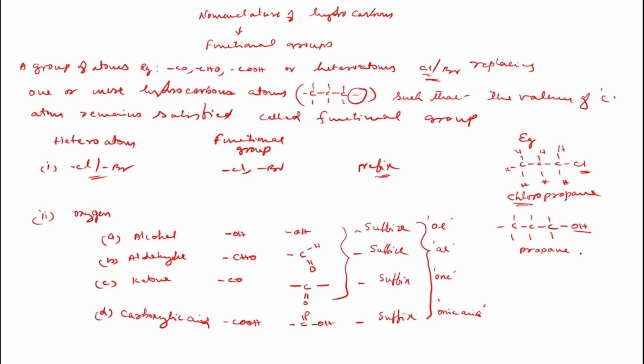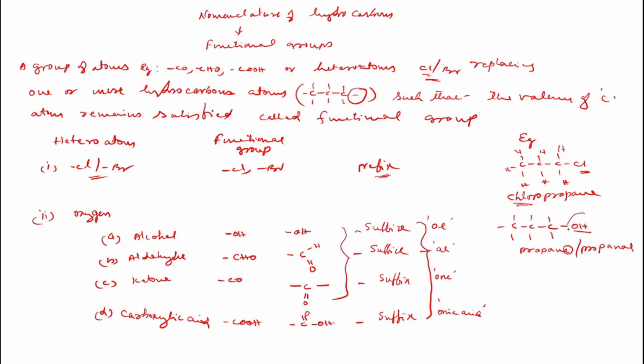Propane. This E you have to remove. In this you have to give OL. Propanol. Like this you have to write. Suppose if you are having aldehyde group, same thing.